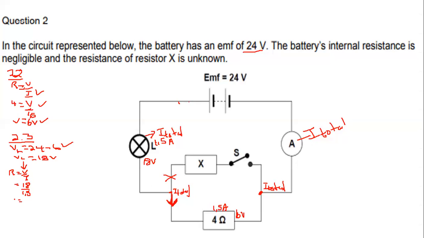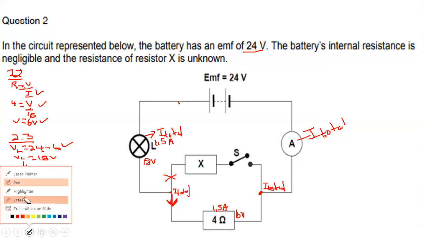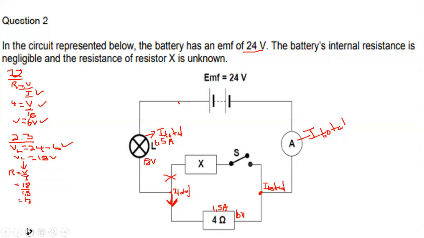Then I'm going to say 18 divided by 1,5, and I'm going to see that the resistance there is definitely 12 ohms altogether. Let's correct that. I wrote amperes and I'm saying ohms. So this is definitely going to be 12 ohms. This is most likely 4 marks altogether. And there are quite a number of ways that I could have done it.